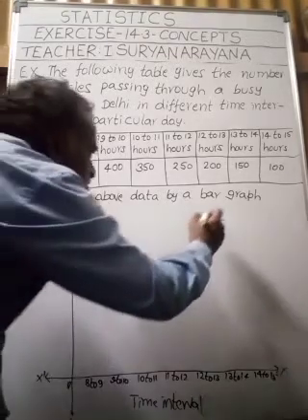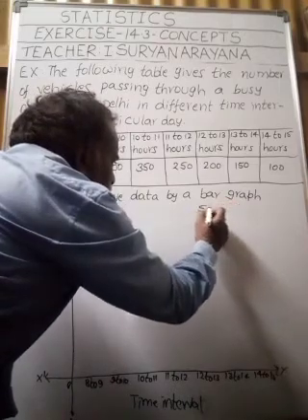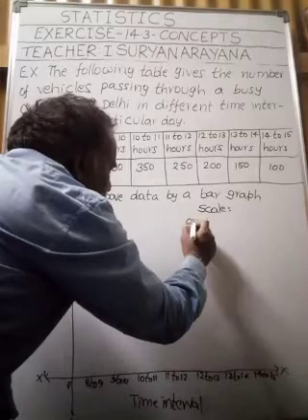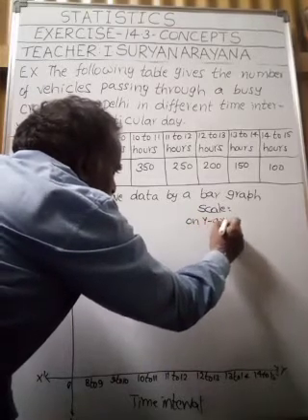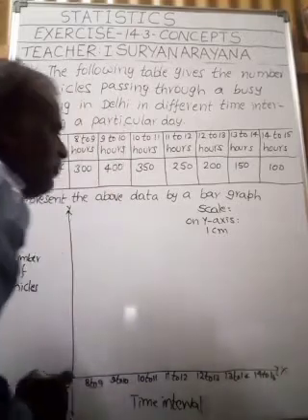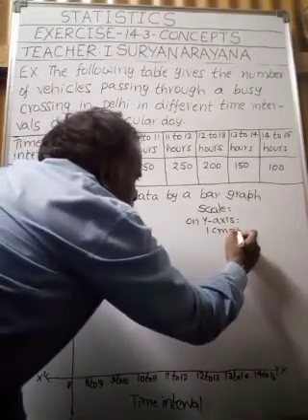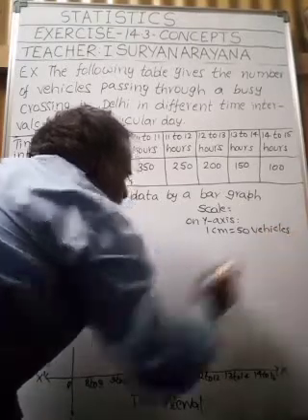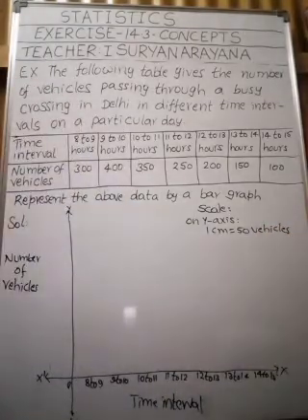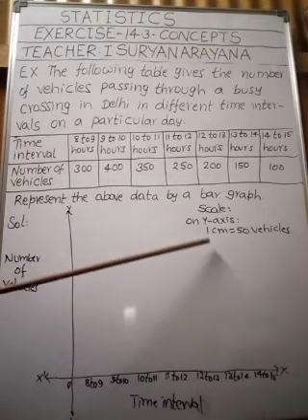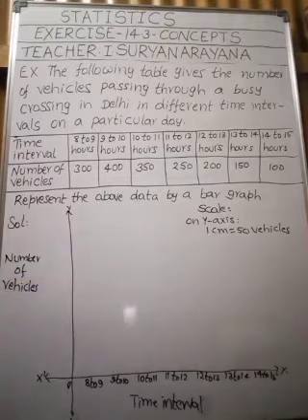Okay, my children. Scale. We have to take a scale on the y-axis. On the y-axis, 1 centimeter is equal to, as per our convenience, we have to choose the scale. I have chosen on the y-axis 1 centimeter is equal to 50 vehicles.